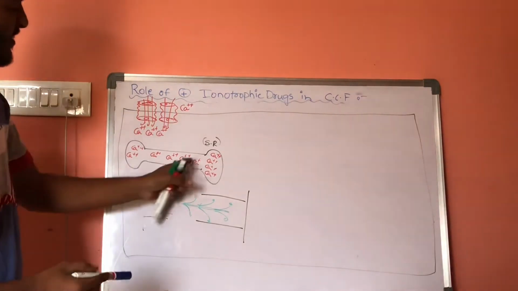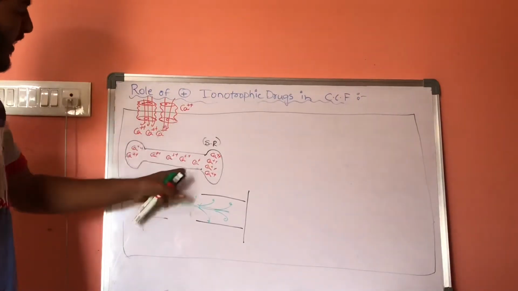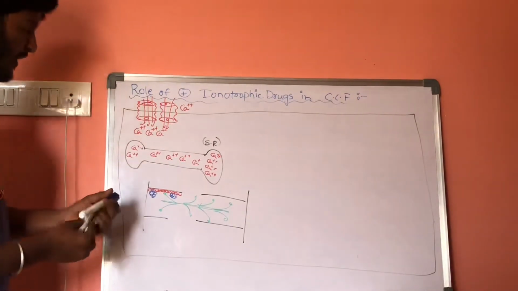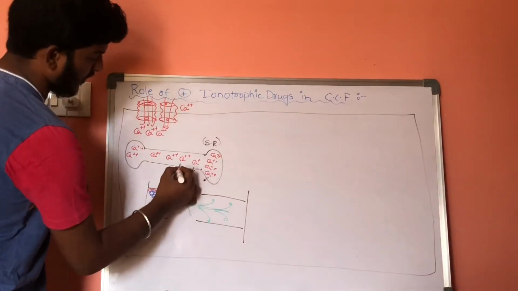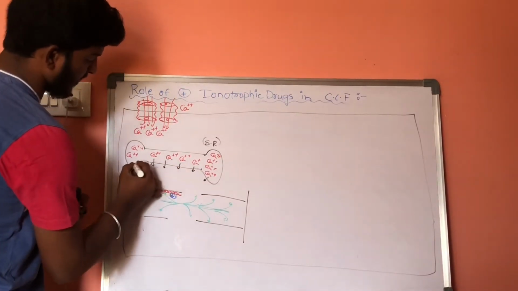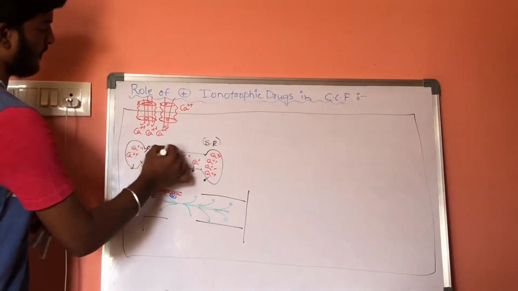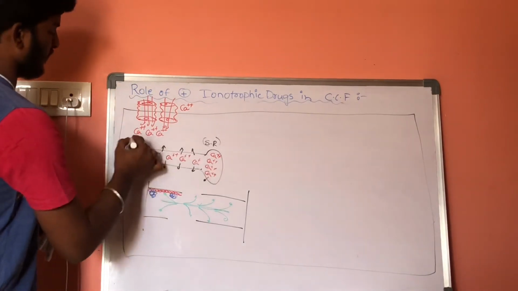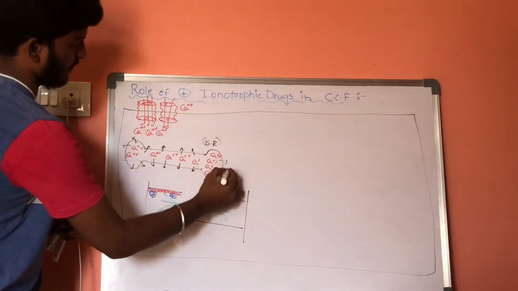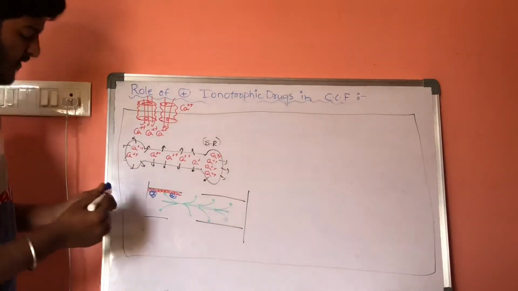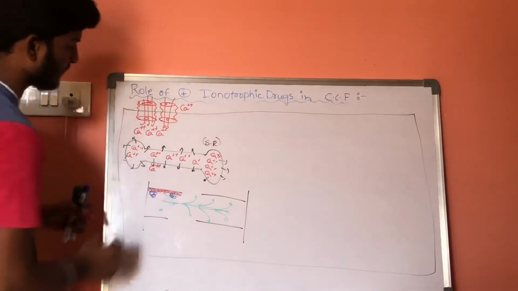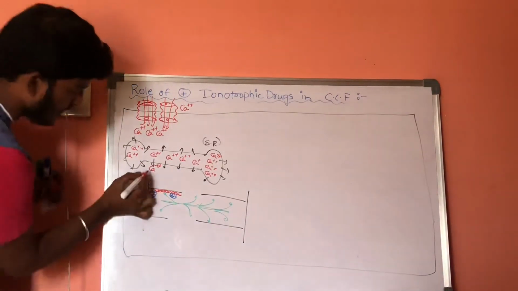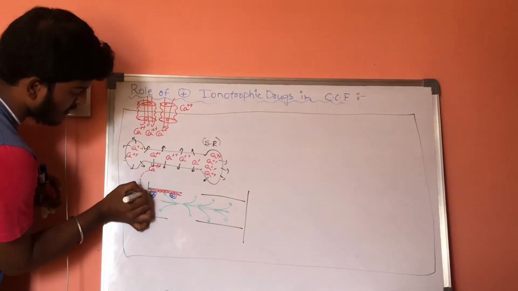Whenever there is an extra amount of calcium entering the cell, it will come out from the sarcoplasmic reticulum. The calcium which comes out from the sarcoplasmic reticulum will bind to this troponin.